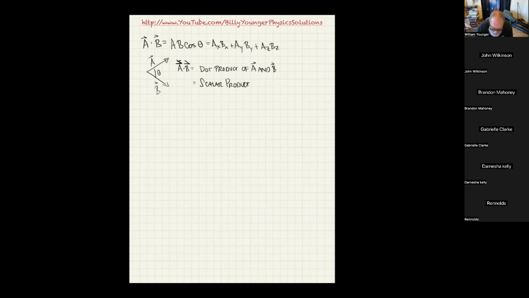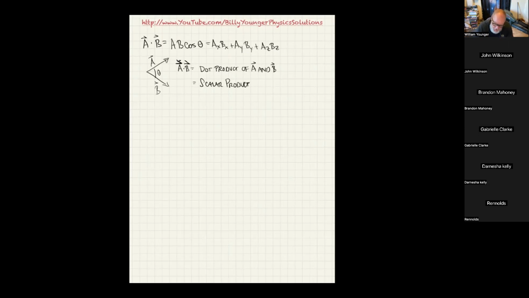When you take a dot product, you actually take two vectors. It's like a machine. It's an operation or an operator. It's a machine that sucks in two vectors and spits out a single scalar, as compared to, for instance, the cross product, which takes in two vectors and spits out a vector. So that's something you can learn about the scalar product.